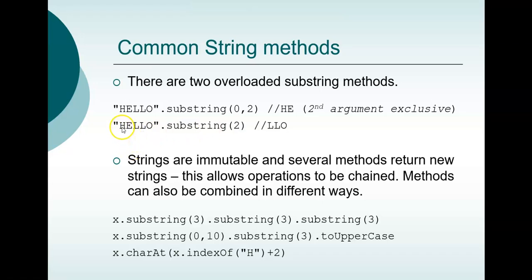So from here, you can see this is index 0, index 1, index 2. So it's picking from index 2 to the end of the string. So you have LLO. So know the difference between specifying the two parameters and specifying one parameter.